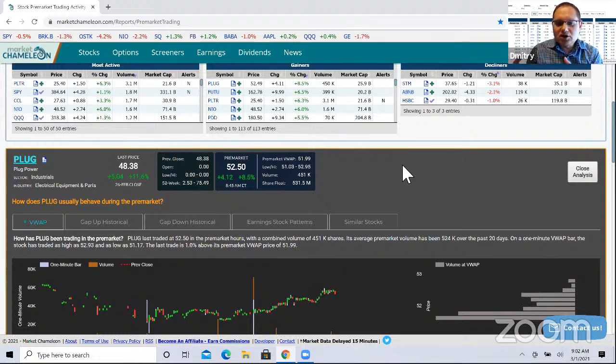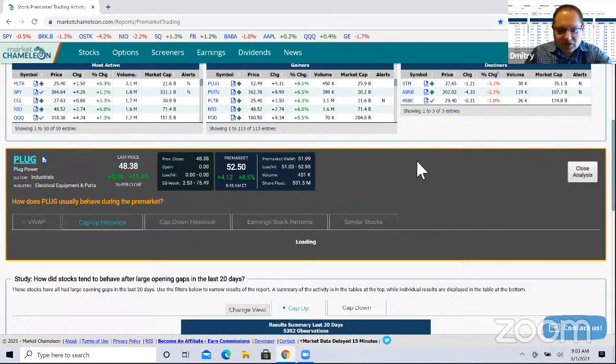So let's take a look historically at what that stock did when it gapped up at the opening, and let's compare today's 8.5% gap to historical gaps. I'm going to use this gap up history tool.